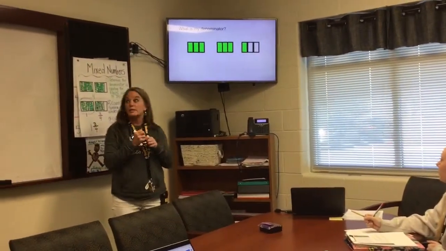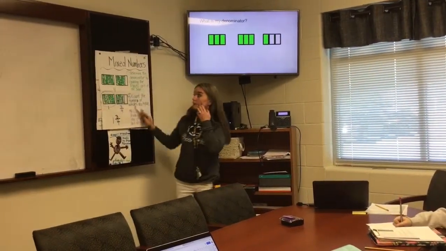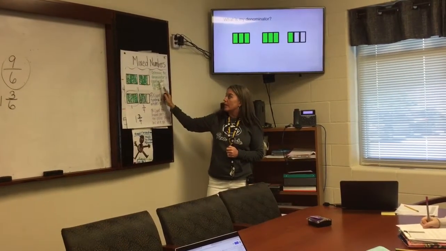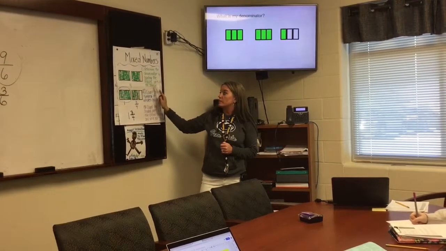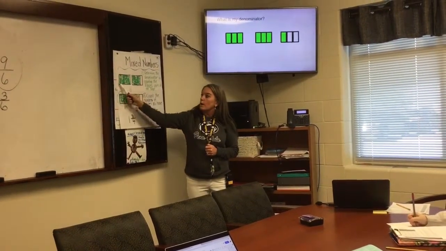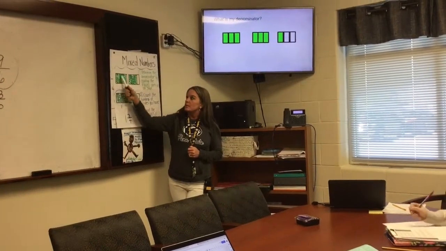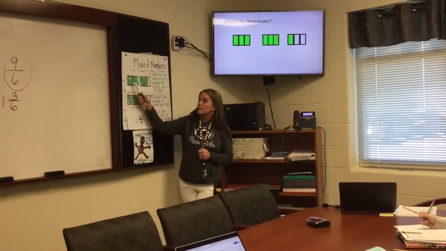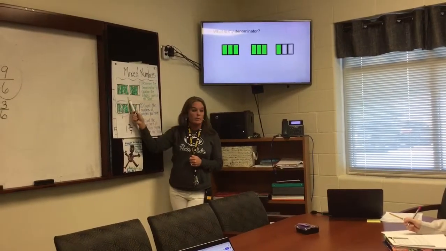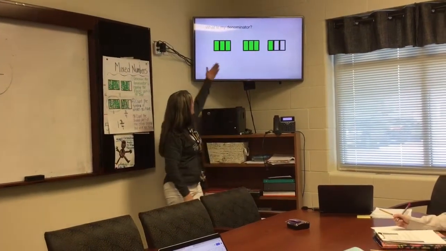Let's go back and review our steps for when we're doing our mixed numbers. Same thing you're going to do. You're going to determine the denominator by counting the equal parts of the shape. So if you look at my anchor chart, let's count our equal parts of our shape. How many pieces is this shape divided into? 1, 2, 3, 4. So our denominator is going to be 4. Let's look up here.